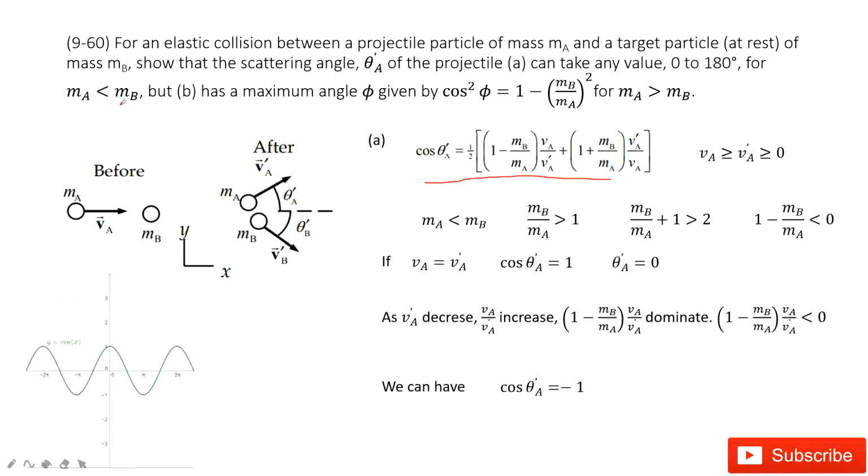Most obviously, we can see initially we have VA, and after the collision we have VA+ and VB+, right? That means VA must be larger than or equal to VA+ because energy is conserved. Do you agree? Energy cannot be generated by itself. So the total energy is 1/2 MAVA squared, and VA+ cannot be larger than this one.